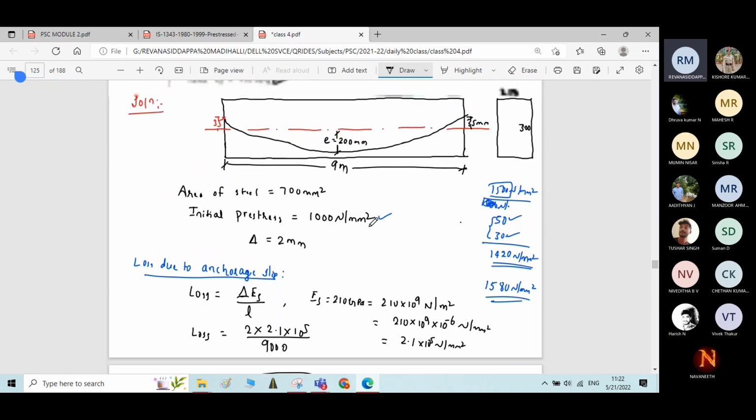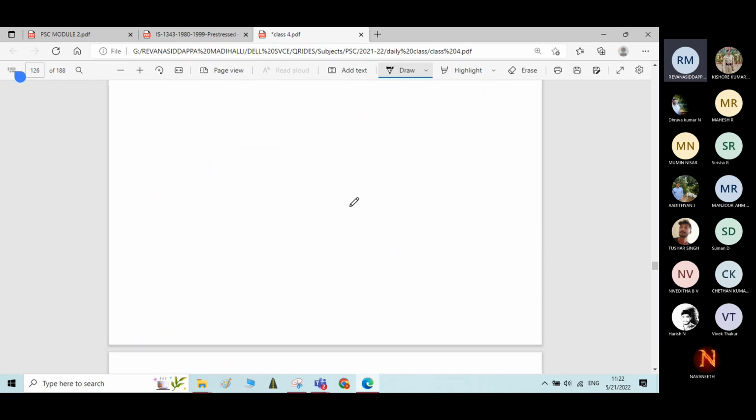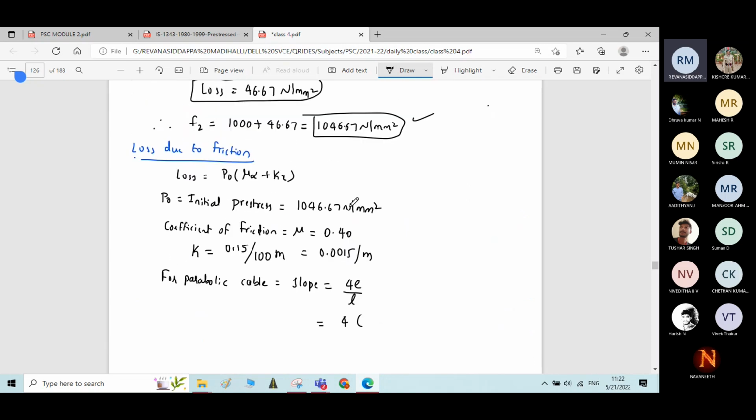Eccentricity means the total eccentricity between top and bottom of the cable. Above the neutral axis it has an eccentricity of 35 mm, and below the neutral axis it has an eccentricity of 200 mm. So you need to consider the total eccentricity, 200 plus 35, while doing the calculation for loss due to friction.